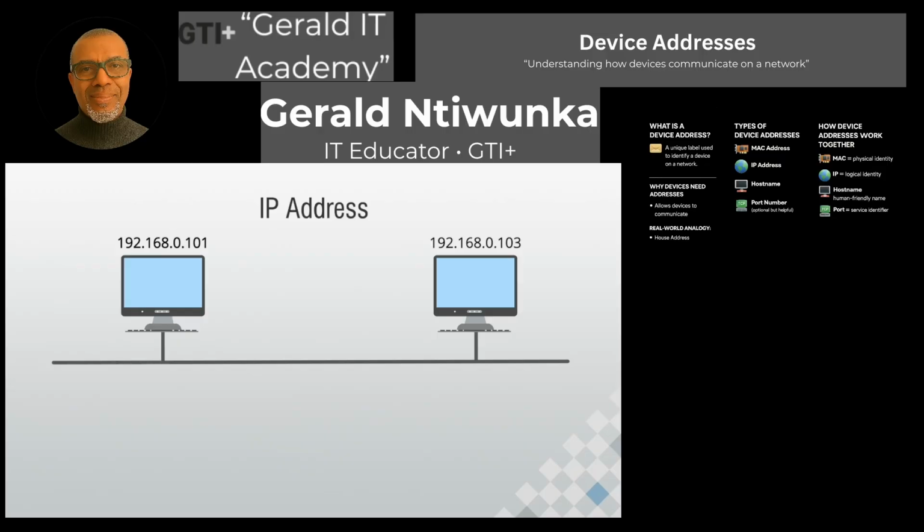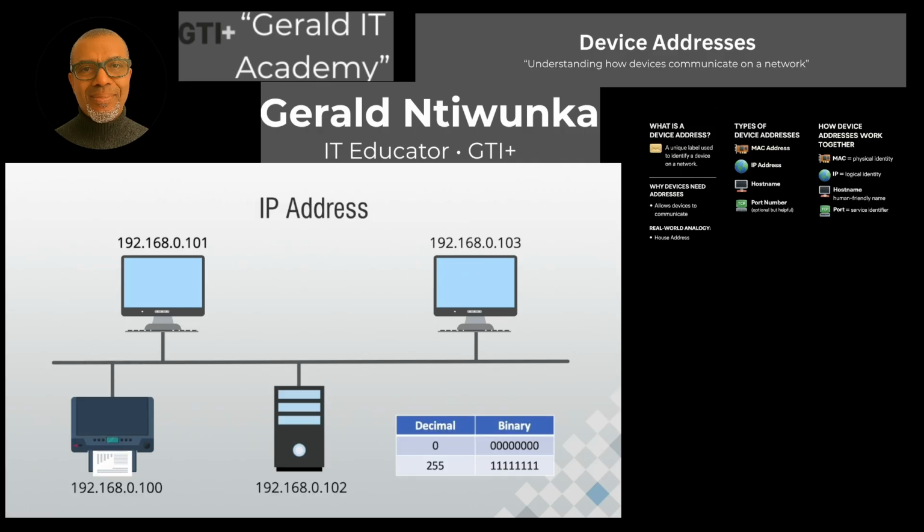Logical addresses are those assigned by the IP protocol and are called IP addresses. For example, let's look at this small network with some computers, a printer, and a server. Each of these devices would have its own IP address.